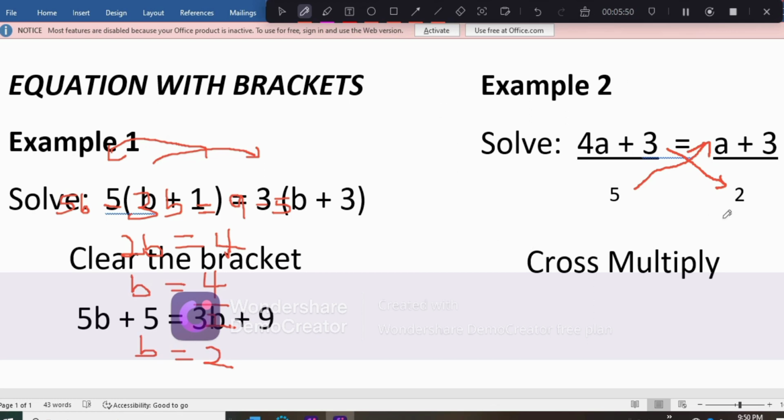Okay, this is what we do now. We say 2 times 4a and 2 times plus 3. So this is how it will appear.